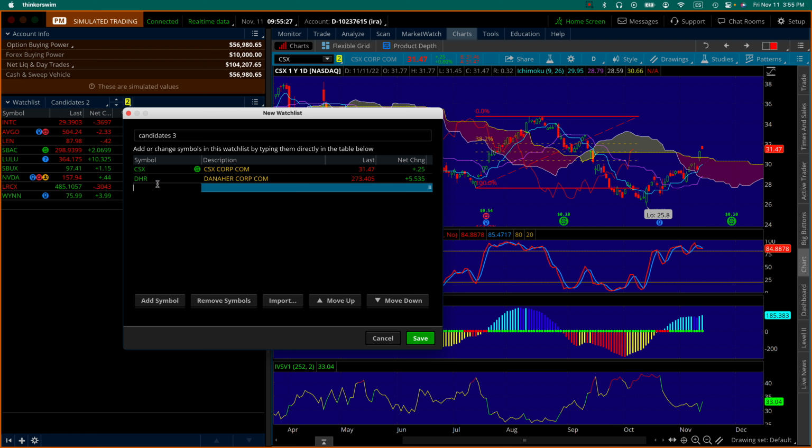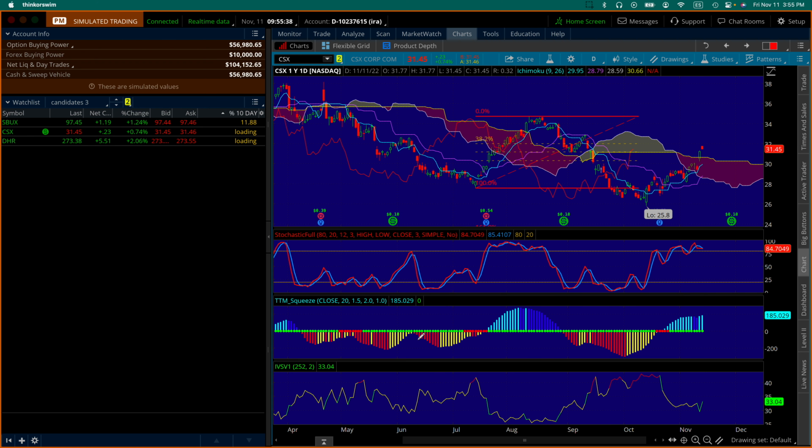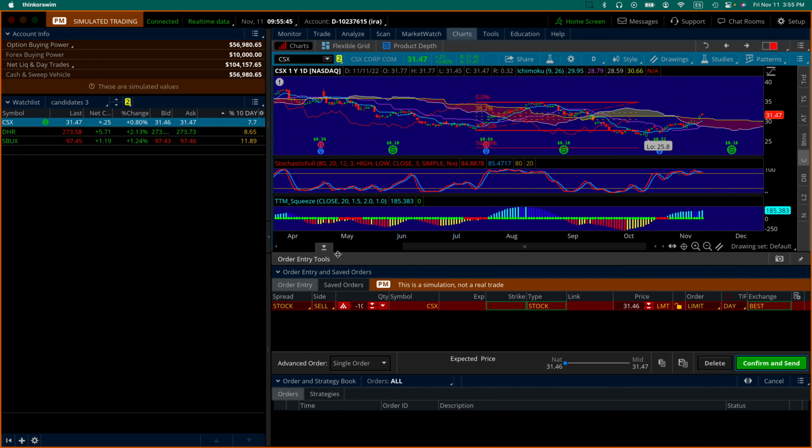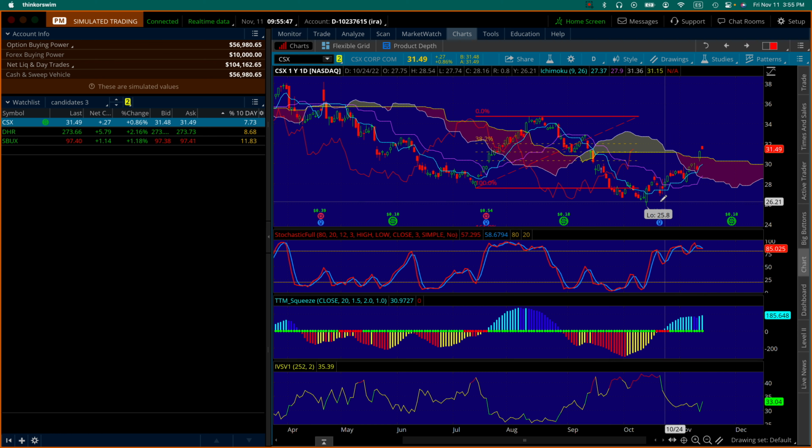And finally, SPUX. Great. Here you can see how much they've changed. Great. So CSX has changed less than 10%, but still looks great.